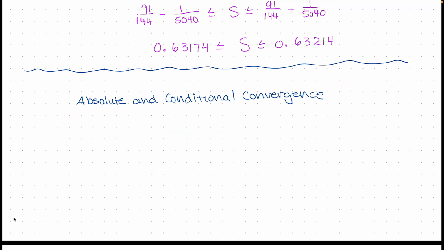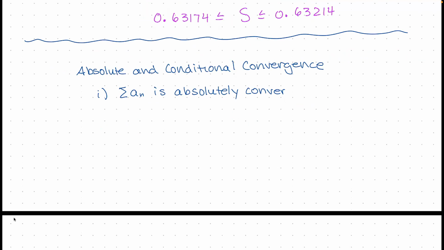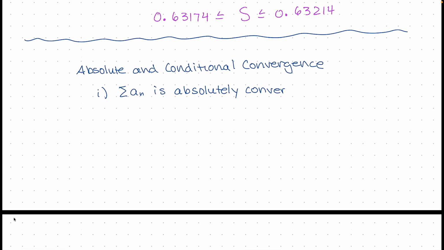So that says, if the summation of a sub n is absolutely convergent, if the summation of the absolute value of a sub n is convergent.